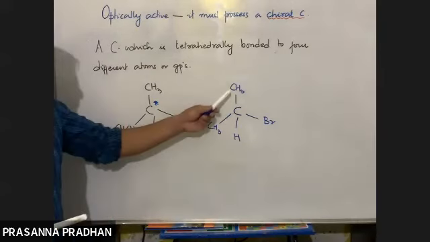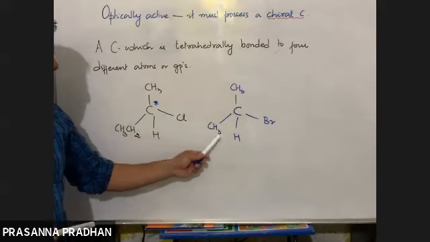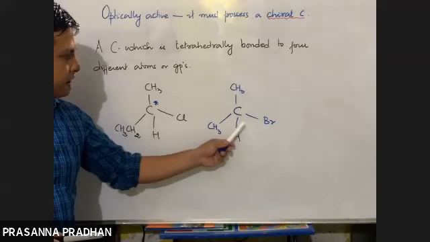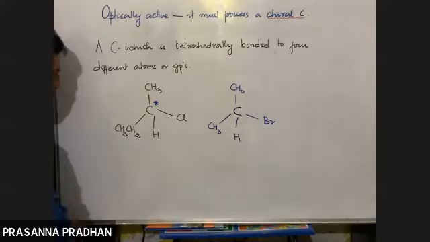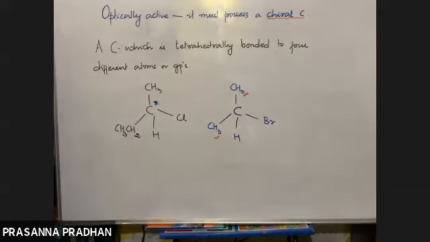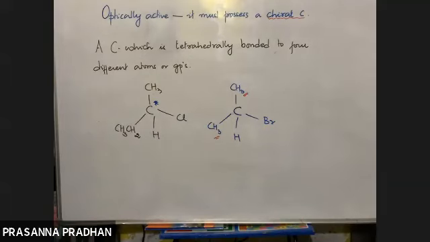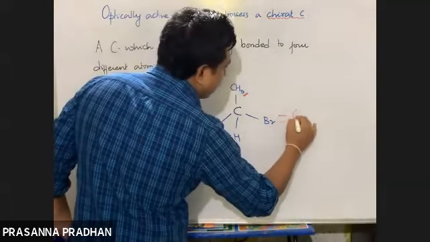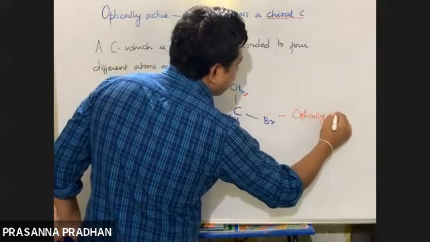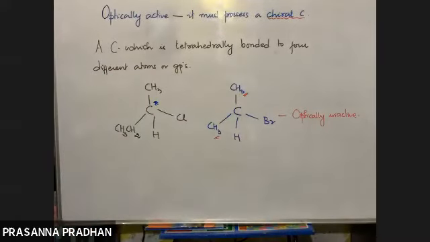The CH3 carbon is bonded to 3 identical atoms, so it is not chiral. The other carbon has hydrogen and bromine, but is bonded to 2 identical methyl groups. So this molecule does not possess a chiral carbon, and it is optically inactive.